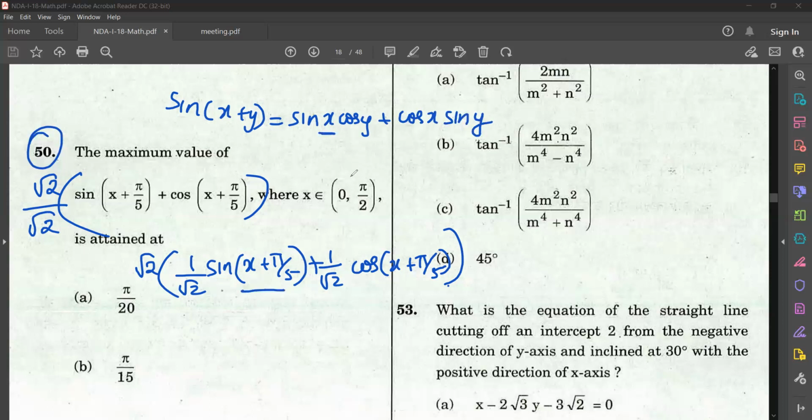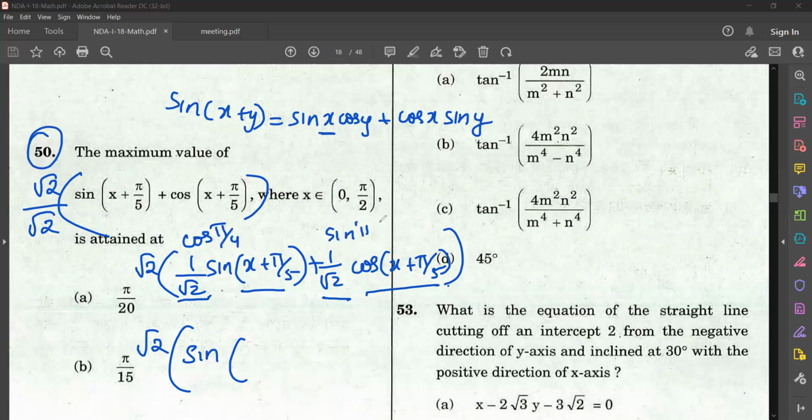Sin x cos y plus cos x sin y, isn't it? So here, this is cos π/4, this is sin π/4. 1 by root 2 is sin π/4 as well as cos π/4.